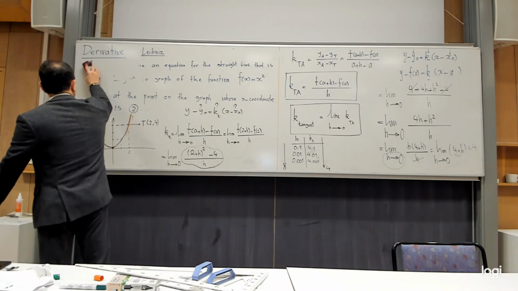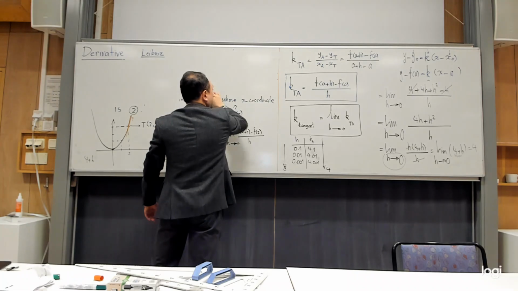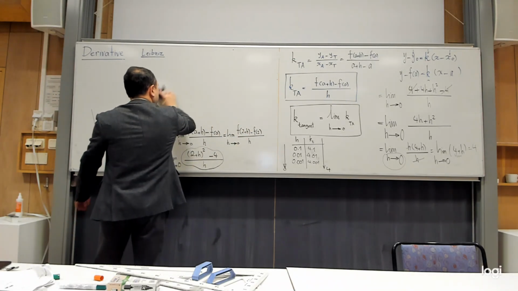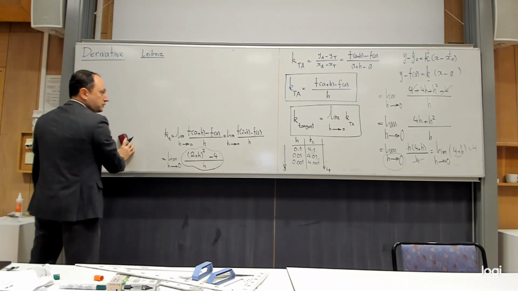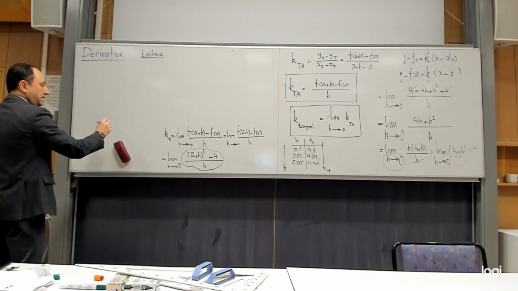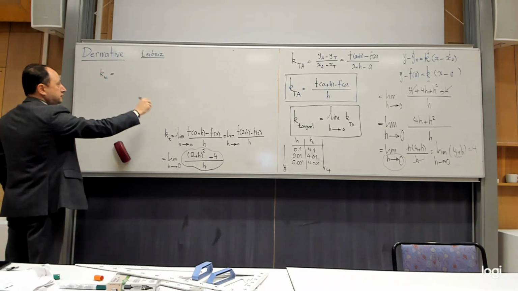So let me clean this one now. So what we do, we say that the K value for the tangent is equal to what? 4.